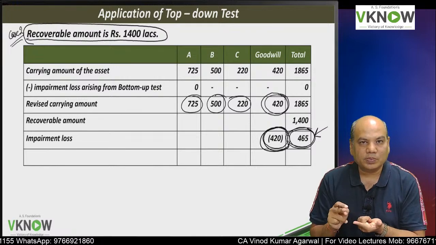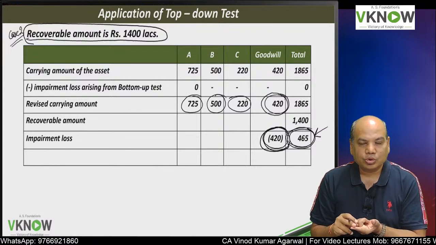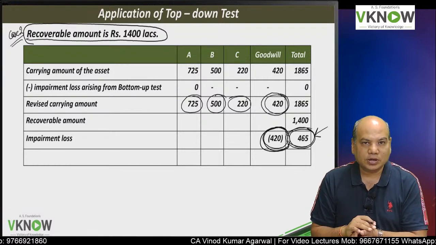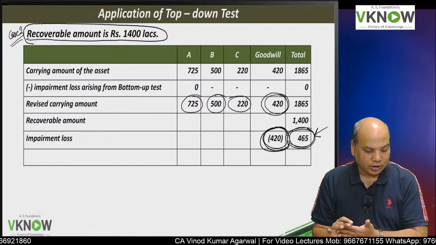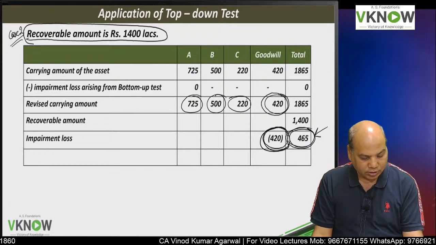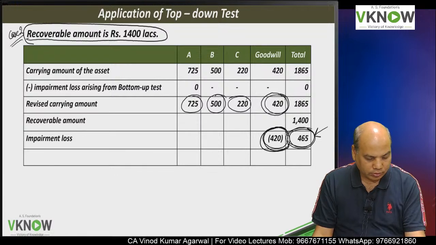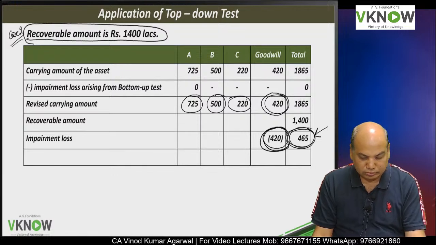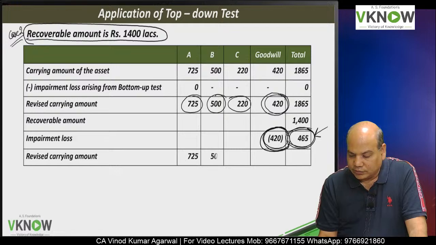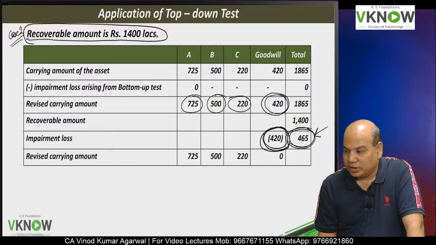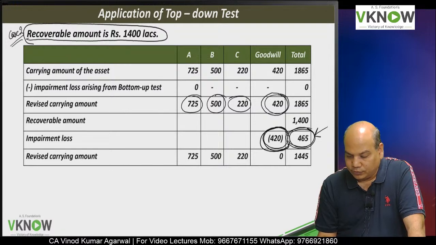So once the bottom up test is already applied, those CGUs will not get further impairment loss. Is it right? So my revised answer will be 725, 500, 220, 0, 1445.